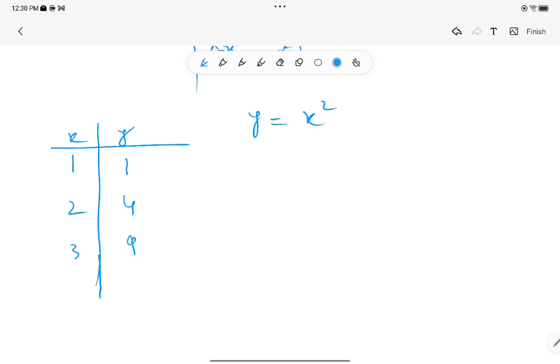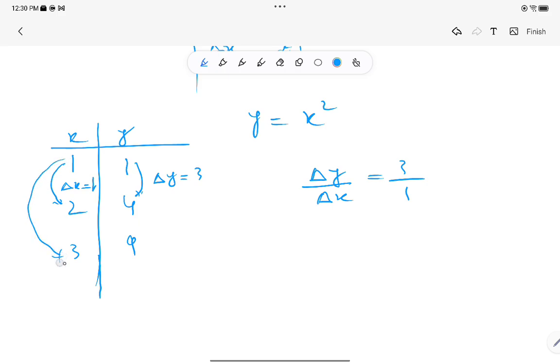So x is 1, 2, 3 and y is equal to this. Suppose I now take this change in x, delta x. How much is it? 1. How much is the corresponding change in y? 4 minus 1, that's 3. Now calculate rate of change using these two values, delta y by delta x. That is 3 by 1.